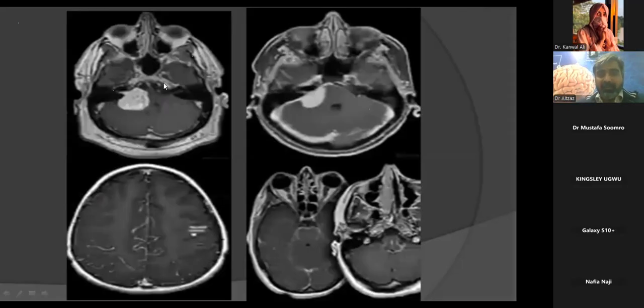What kind of lesion is there on the left side and the right side? This one. Anyone? Meningioma? This is meningioma. CPA meningioma shows dural enhancement that we call the dural tail. You can see the dural tail here. There is a solid enhancement.